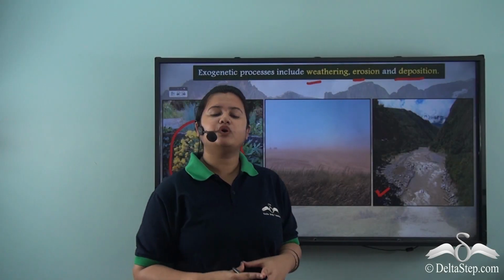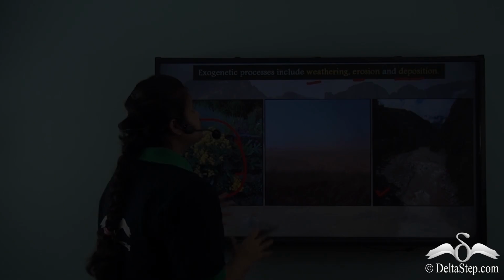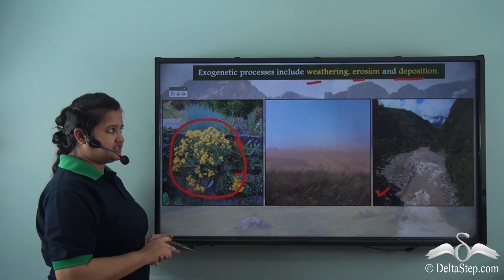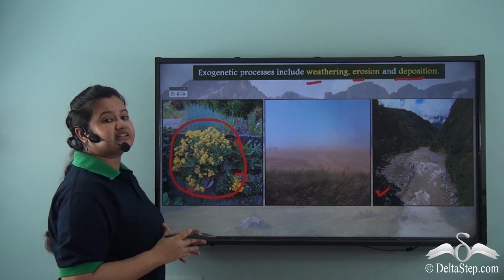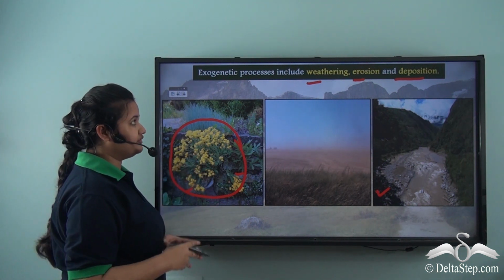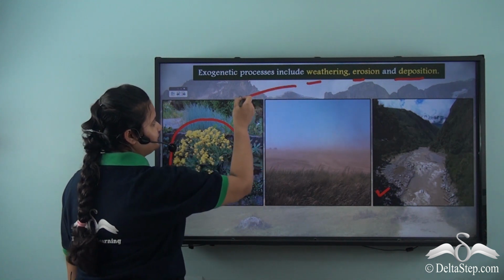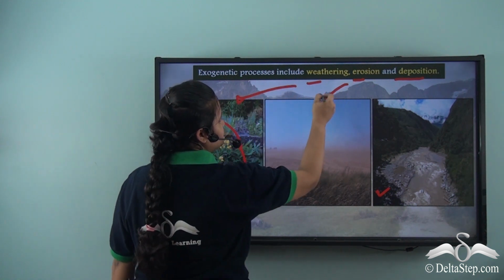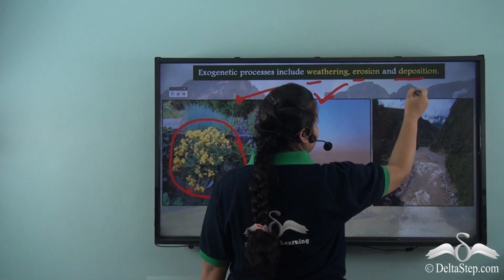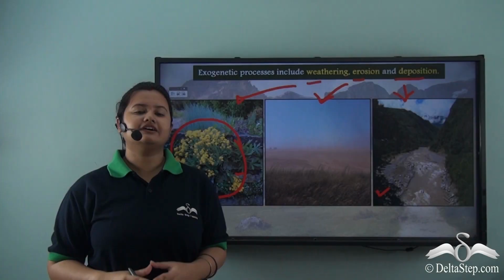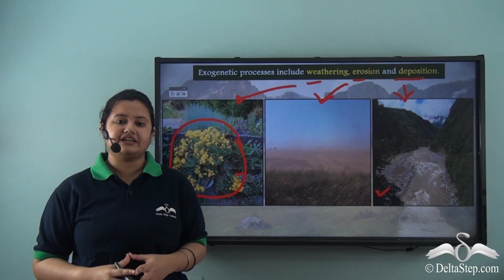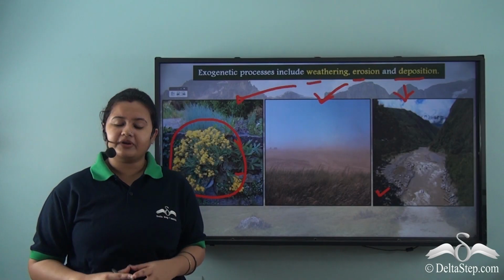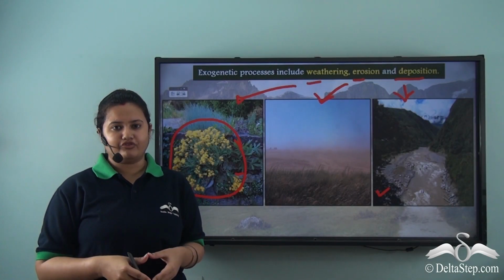So this is leading to the formation of a new plain. So these exogenetic processes, that is the processes that are acting on the earth's surface, which include weathering, erosion and deposition, result in the formation of new landforms.